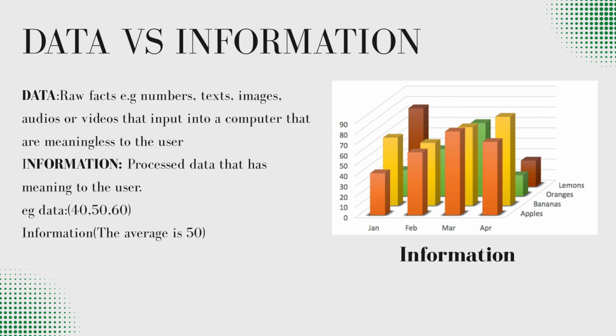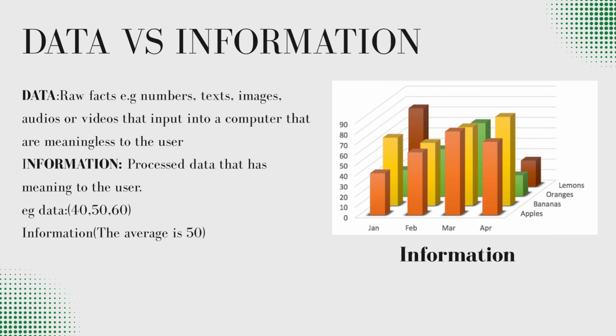Now, we've been talking about data and information. Now, somebody can ask you, what is data? Another one will go ahead and ask you, what is information? So data, these are raw facts. And raw facts, an example I gave you was the numbers 1, 2, 3. Another example can be text.